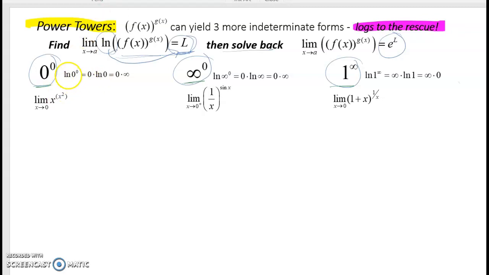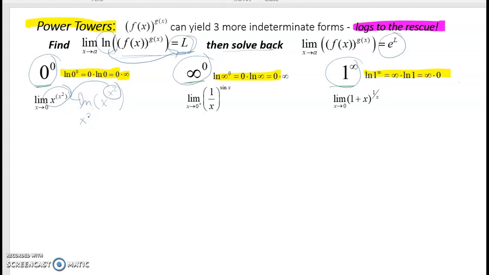So real briefly, this gives you the version of how you can get it into a better form. How it's going to work every single time is by changing it into infinity times 0. So let's look at this function and say, instead I'm going to analyze the function ln of x raised to the x squared. We have log properties.